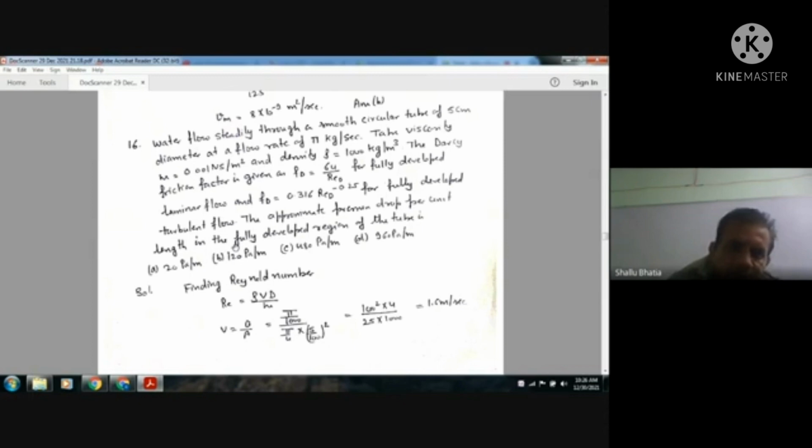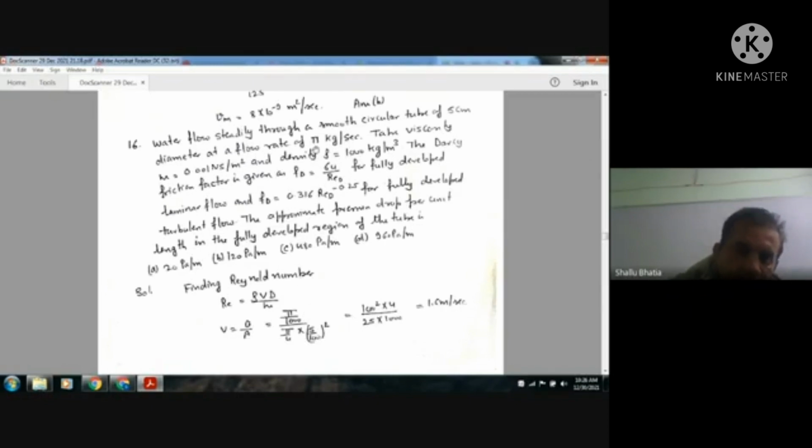Here the diameter of the tube is 5 centimeters and flow rate is 5. From this we can calculate velocity, so Q by A. Q is 5 kilogram per second, and so it is in kilogram.